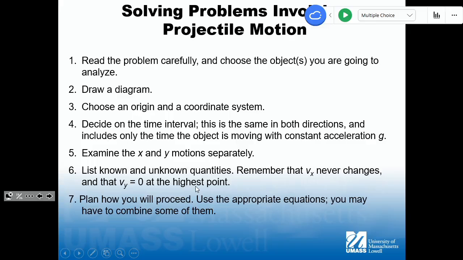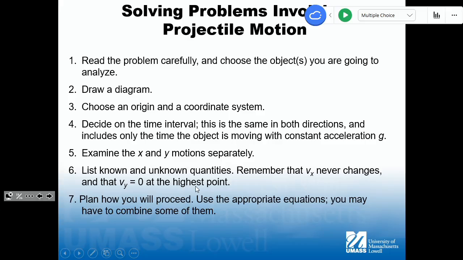I know that's a busy slide, but that's your recipe for solving projectile motion problems. Separate the vectors into the x and y axis, and then deal with them as separate one-dimensional problems. Do not mix them. What that means is do not use velocity in the y-axis in an equation with acceleration in the x.